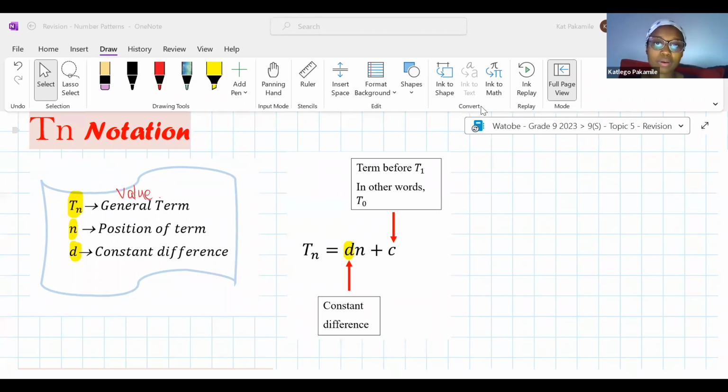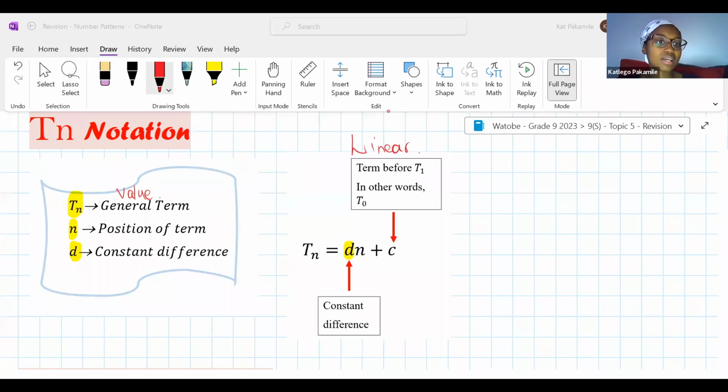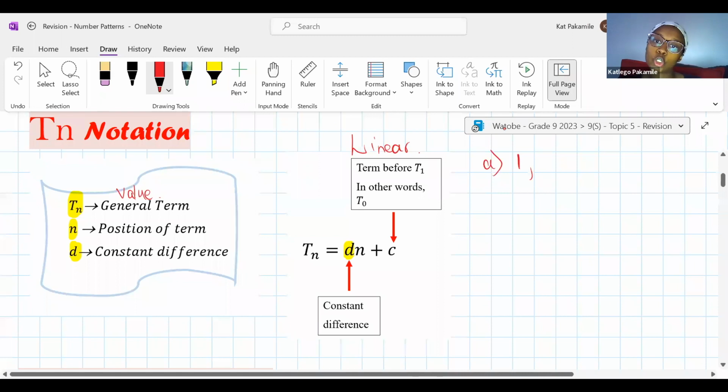Thank you, Mamelo. In a linear number pattern. Okay, how do we know when we have a linear number pattern? So if I give you two random patterns, this is A, and I have 1, 4, 7, 10, and so on.